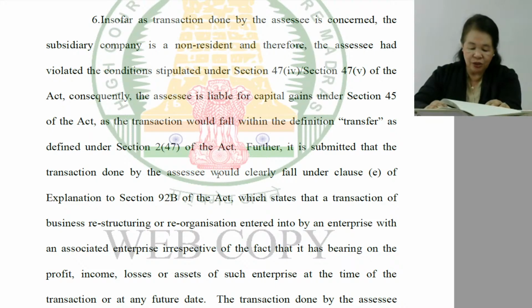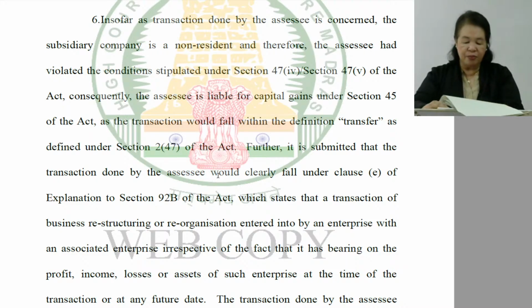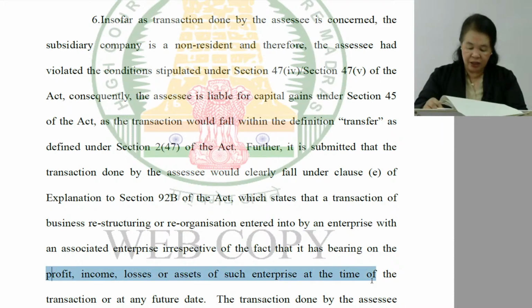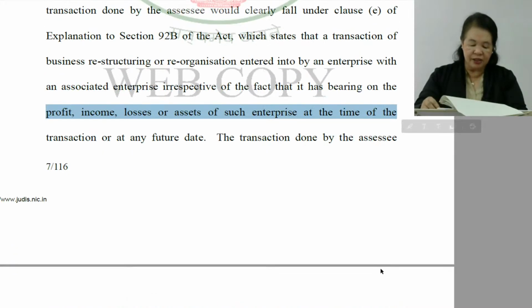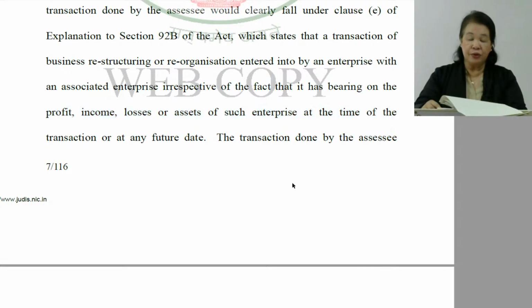As defined under Section 2(47) of the Act, further, it is submitted that the transaction done by the assessee would clearly fall under Clause E of Explanation to Section 92B of the Act, which states that the transaction of business restructuring or reorganization entered into by an enterprise with an associated enterprise irrespective of the fact that it has bearing on the profit, income, losses, or assets of such enterprise at the time of the transaction or at any future date.